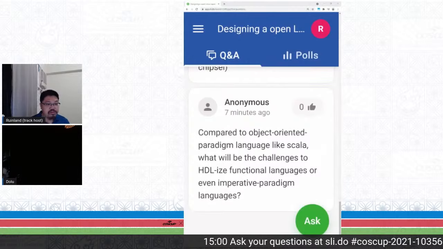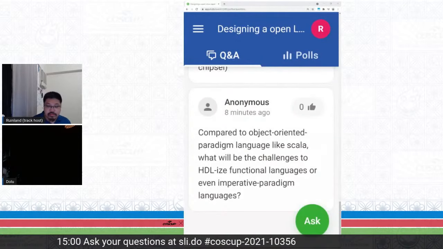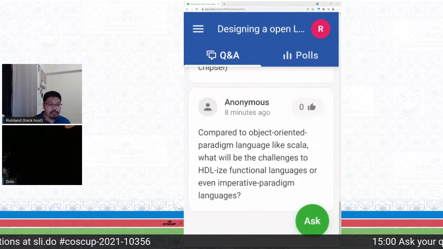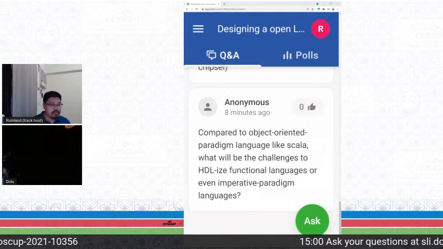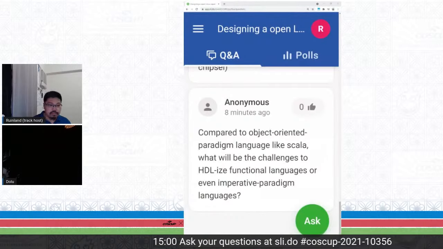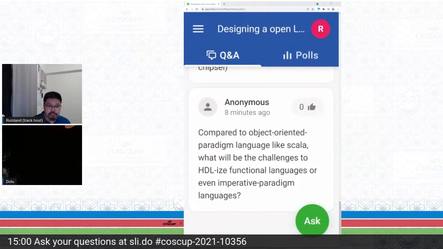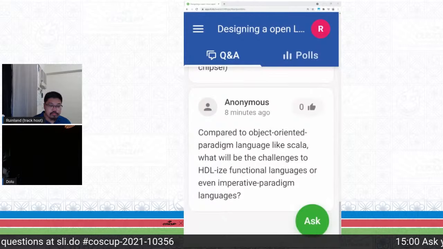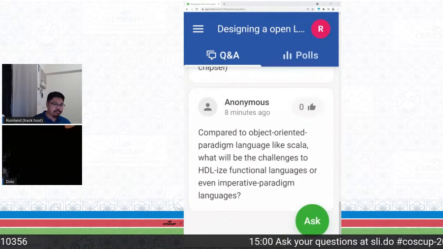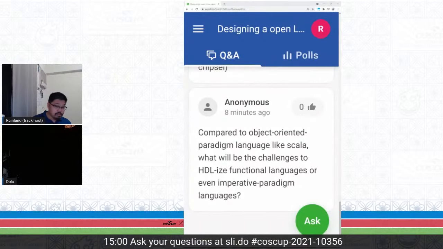First, Scala is not only an object-oriented language, it's also a functional programming language. If I understand well, the question is about how hard it is to make internal domain specific languages in a functional or imperative paradigm language. Yeah, like how to do an internal domain specific language.